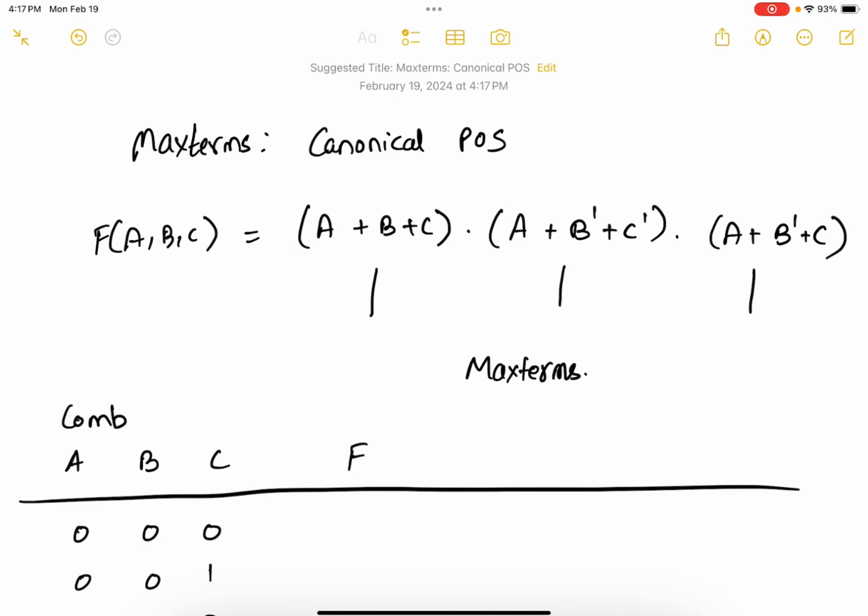Max terms are applicable for the function to be 0. So if this function comes out to be 0, that is, if either one of these terms is a 0, then the whole function goes 0.